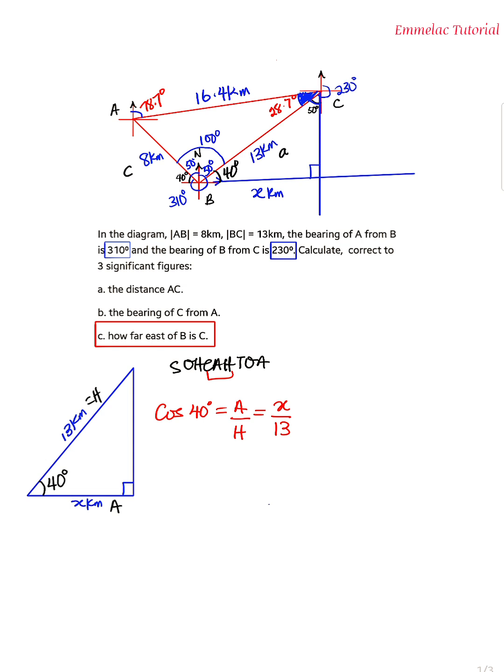If we make x the subject of the relation, we have that x equals 13 cos 40. If we evaluate this, we have 13 times, now cos 40 is 0.766. So finally, when we multiply these two, we have 9.96 kilometers as the final answer.